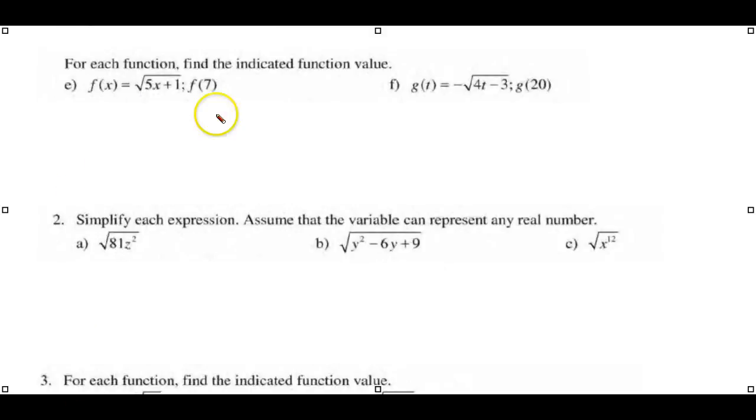Okay. Here they want us to do some substitution. So the square root of 5 times x, which will be 7, plus 1, is the square root of 36, is 6.